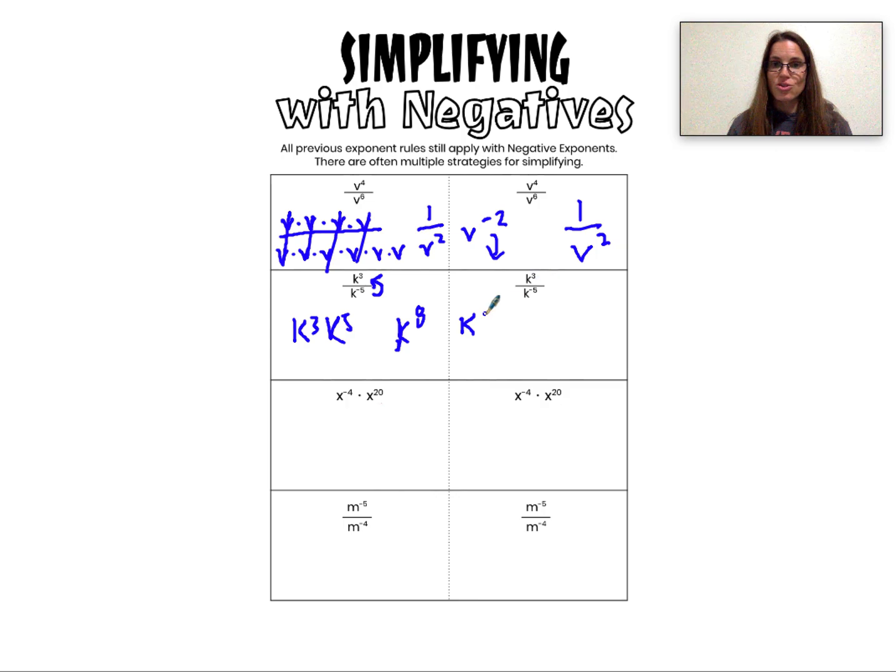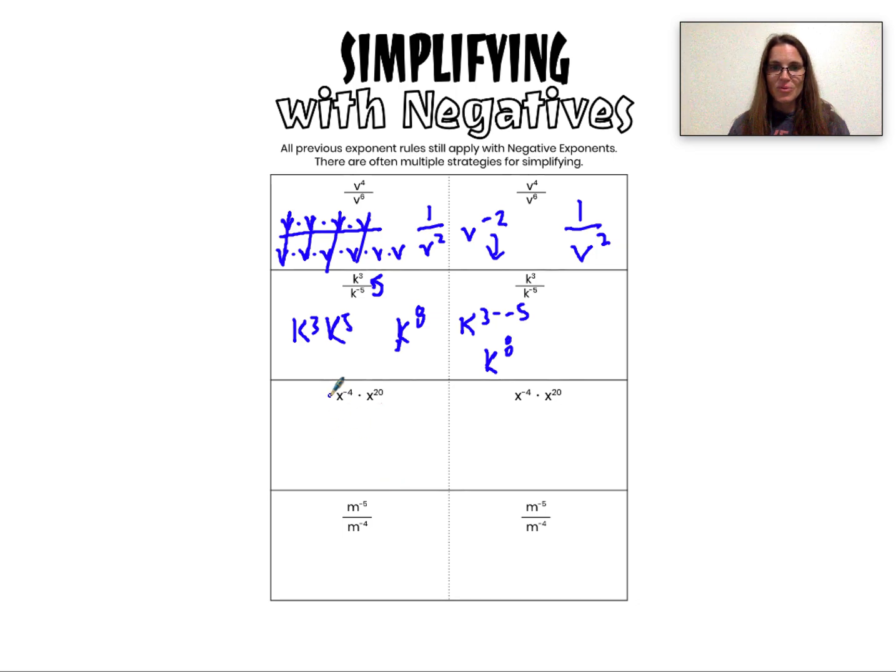This is k to the 3 minus negative 5, which is k to the 8th power. Same simplified answer. It's really, really common when students use the quotient rule here to incorrectly simplify. I recommend the arrow, but it's up to you.